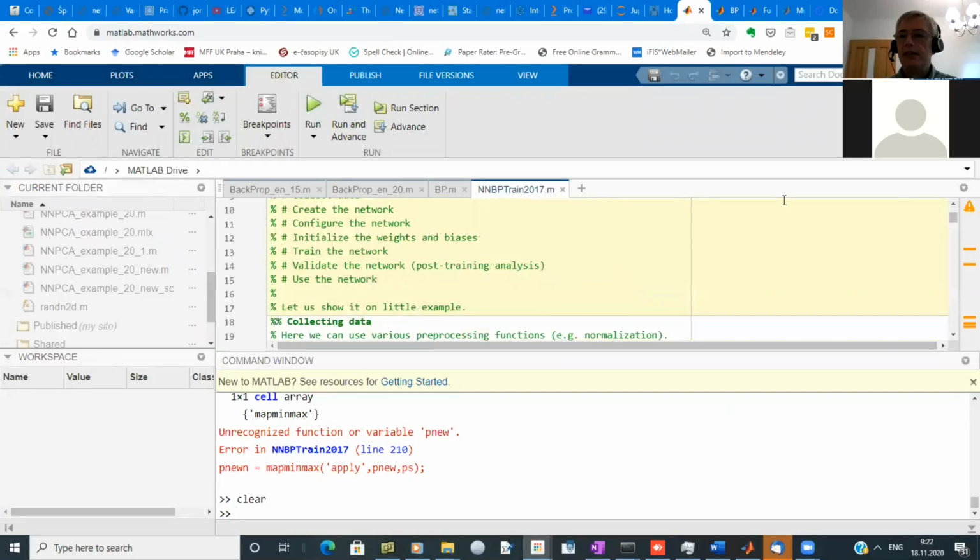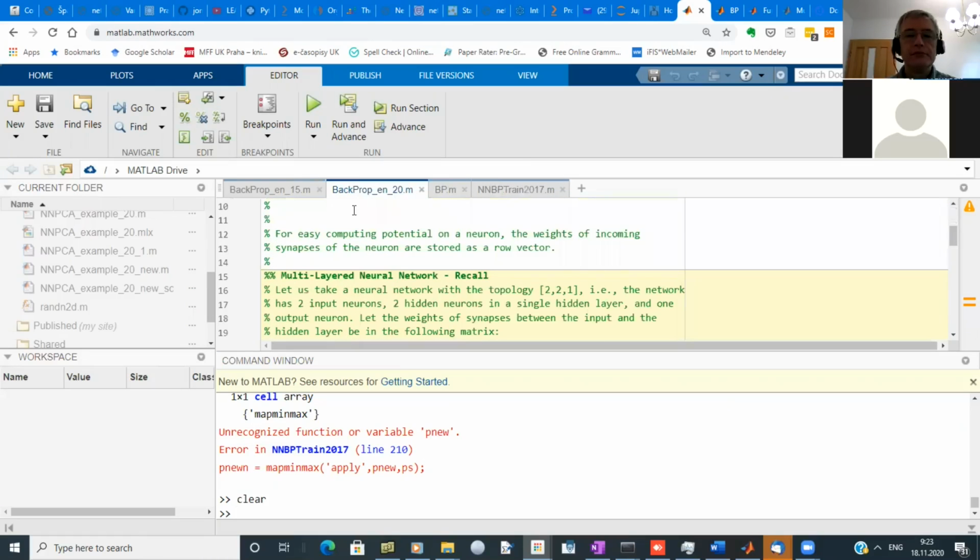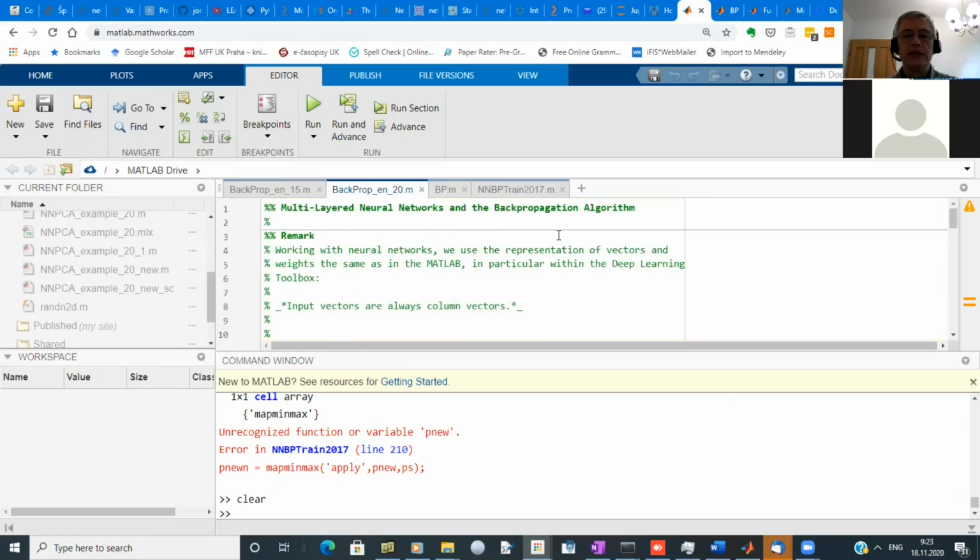Yes, this is the text. So we will work with some training set, some input patterns and desired outputs.